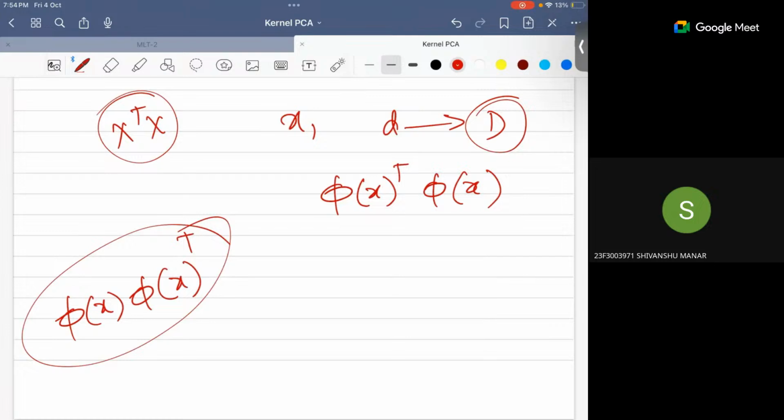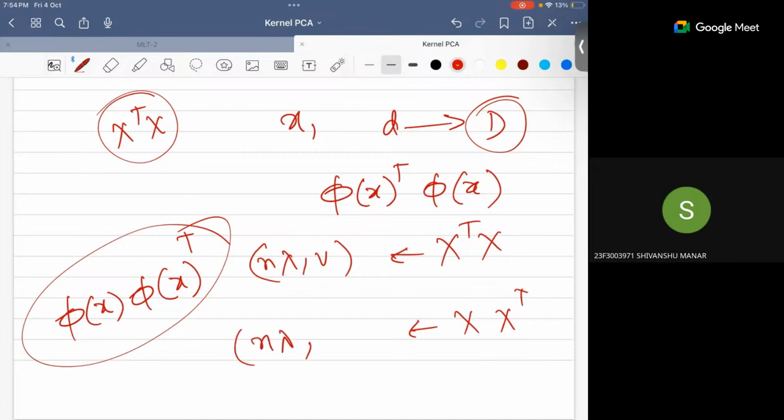So we have to calculate the eigenvectors or eigenvalues corresponding to phi of X into phi of X transpose. We already know from the starting that if the eigenpair is lambda with v, then for X X transpose it becomes n lambda with X times v upon root of n lambda.